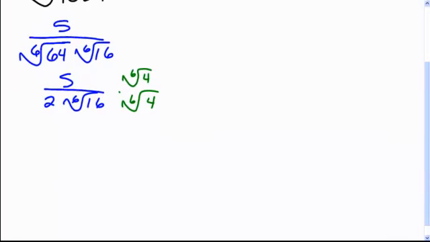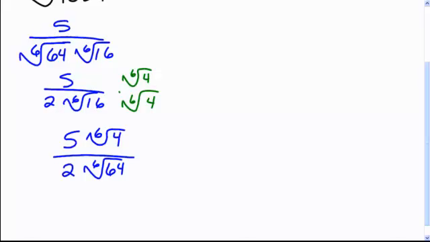So this is one option. So now I have 5 times the 6th root of 4 over 2 times the 6th root of 64, which we of course know is 2. So this is 5 times the 6th root of 4 over 2 times 2, which is 4.